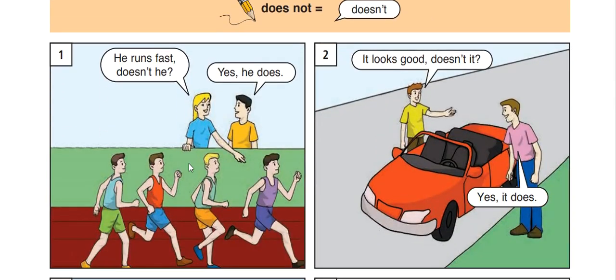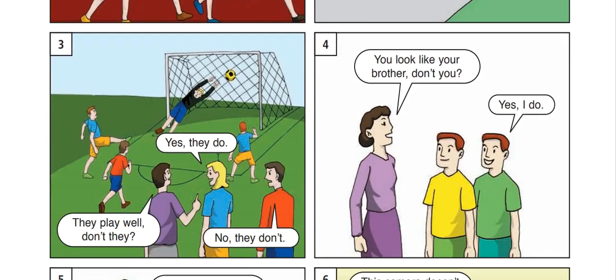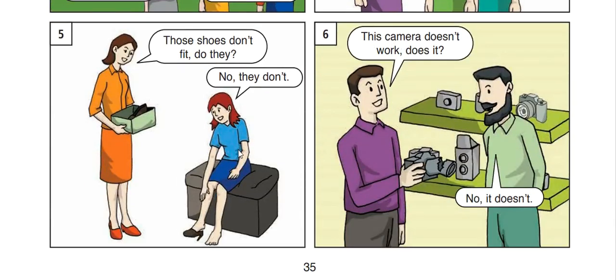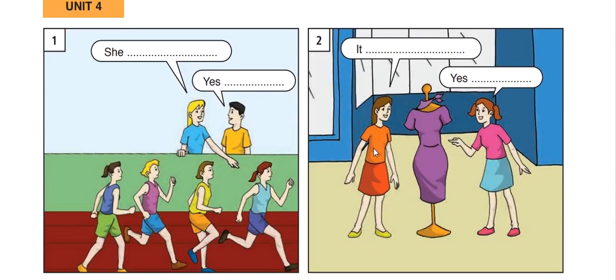Does not. Read picture 1. Read picture 2. Read picture 3. Read picture 4. Read picture 5. Read picture 6. Now next sentence with picture 1. Picture 2.